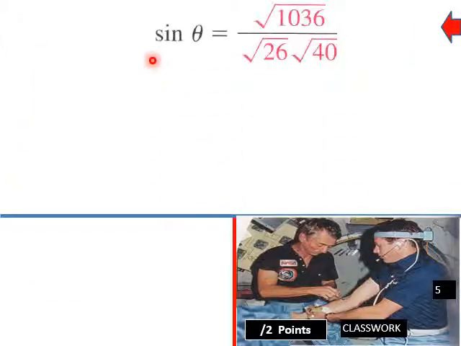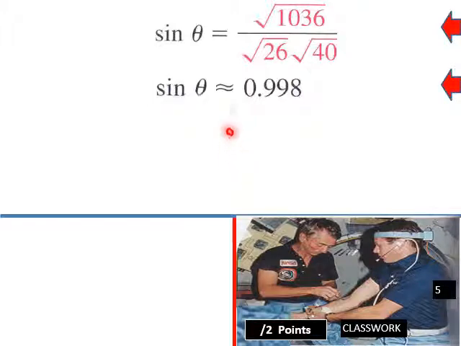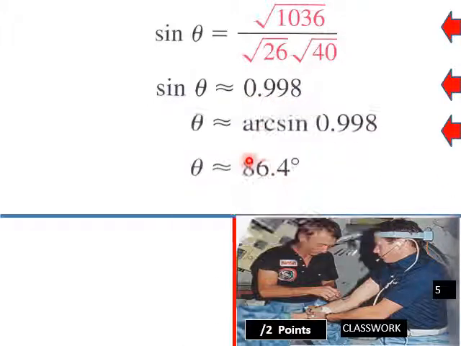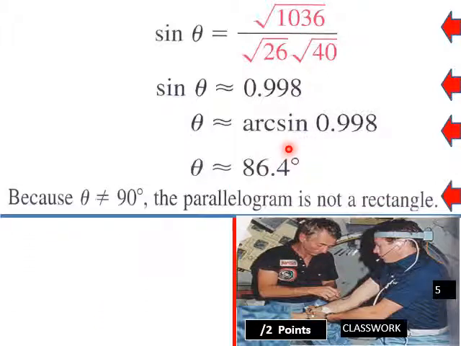And when we do that calculation, we end up with sine theta equals radical 1036 over 26 times 40. And then this comes out to sine 0.998. So when you take the arc sine of that, we come out with 86.4 degrees. So because it's not 90 degrees here, the parallelogram is not a rectangle. If it was 90, it would be classified as a rectangle.